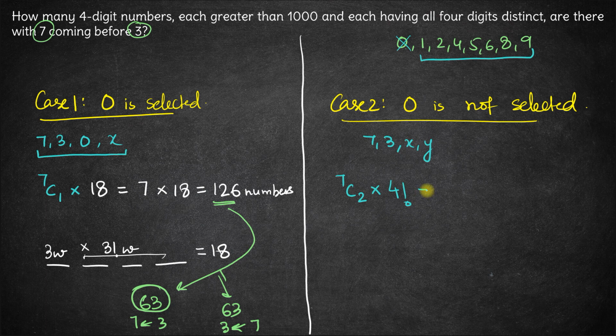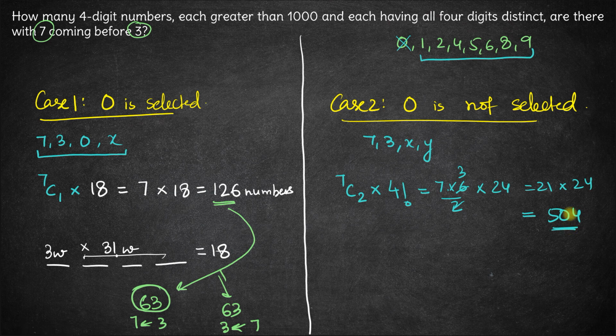So the total number of numbers will be 7C2, which is 7 into 6 by 2, into 4 factorial, which is 24. So 6 by 2 is 3, 7 into 3 is 21, and 21 into 24 is 480 plus 24, 504.